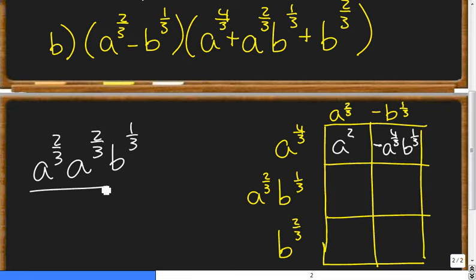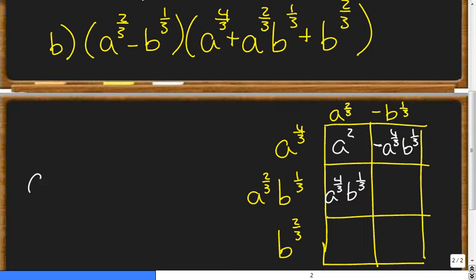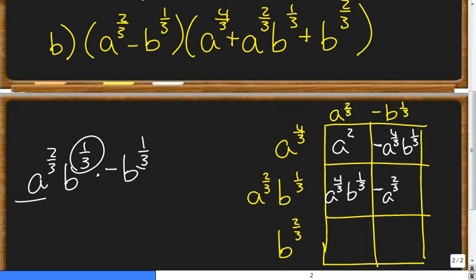These can combine to make a to the 4/3, and b to the 1/3 is left. And then we have a to the 2/3 b to the 1/3 times negative b to the 1/3. The negative goes up front, the a to the 2/3 would remain here, and then we add the exponents for these, which makes b to the 2/3.